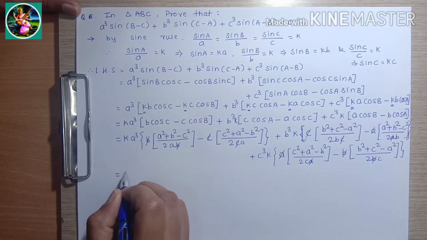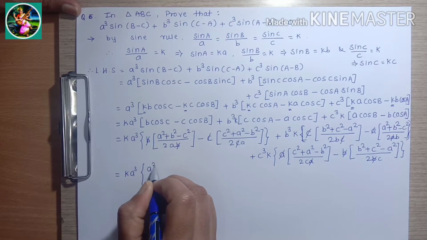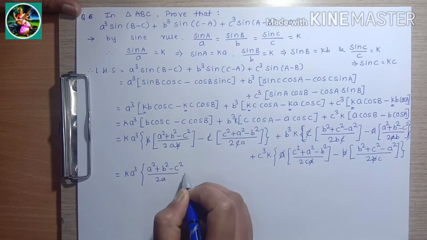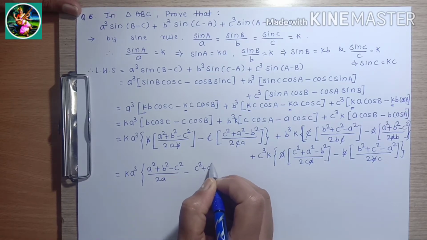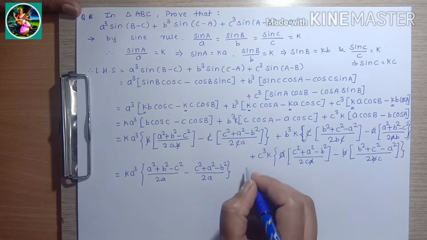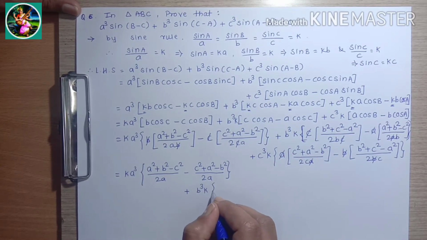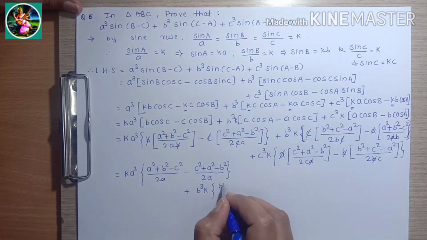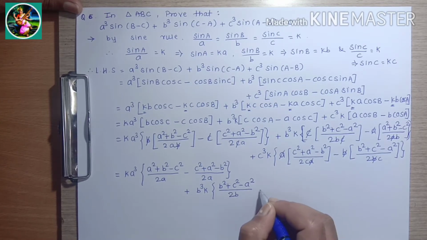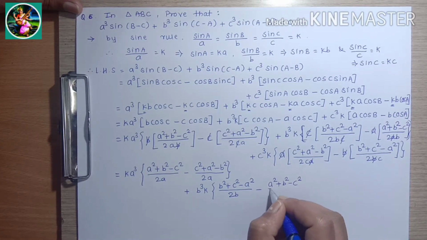Therefore here we write ka cube into bracket a square plus b square minus c square divided by 2a, minus c square plus a square minus b square divided by 2a, plus the second term, b cube into k into bracket b square plus c square minus a square divided by 2b, minus a square plus b square minus c square divided by 2b.